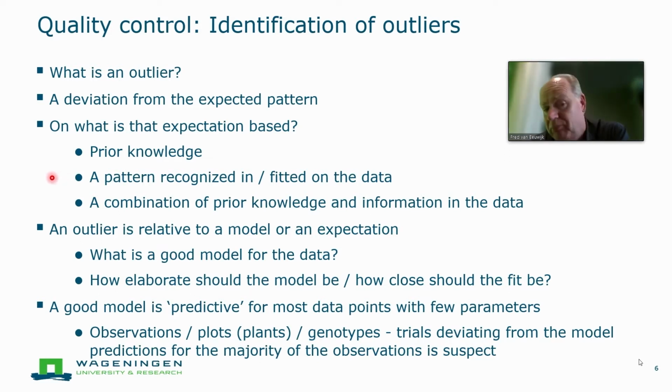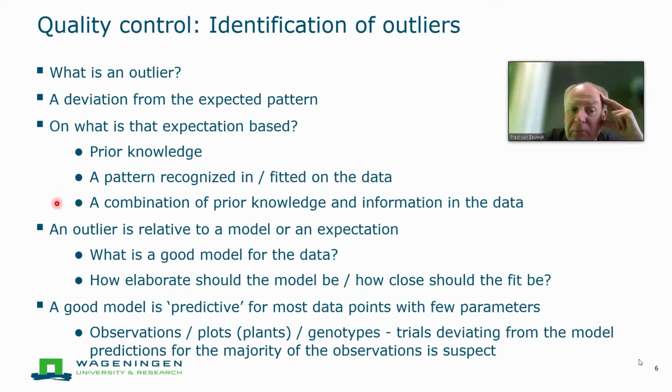But more usually, we have to fit a model to the data statistically, a kind of heuristic descriptive model, and based on what the majority of the observations do, we can identify certain observations that look a bit curious in the light of what the majority is doing.